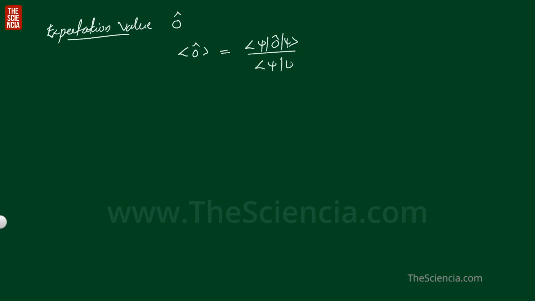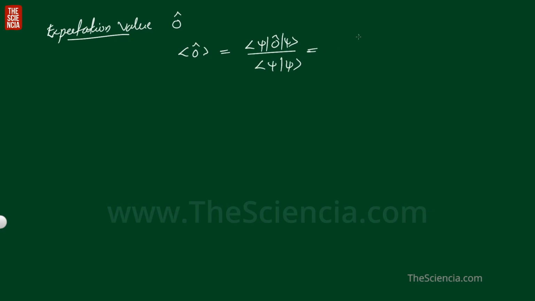Now expectation values. What is the general expression for finding the expectation value? Suppose we have an operator O and we have to find its expectation value, then the expectation value of O operator is equal to bra psi operator ket psi by bra psi ket psi, right?